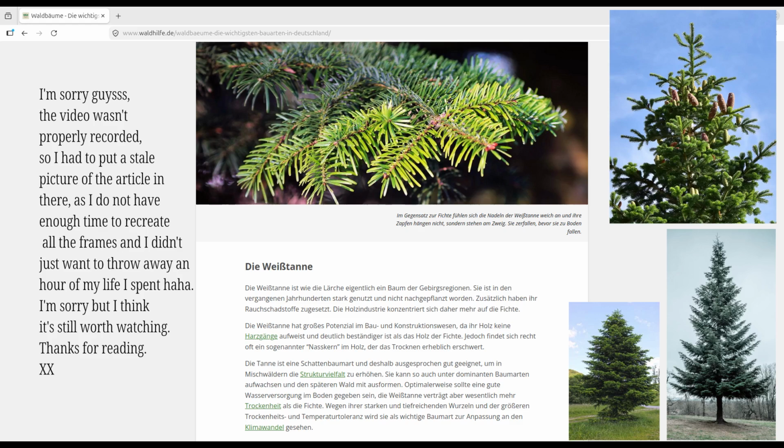And Nadelbäume, they don't. They just lose their cones, and they keep the color of the needles.